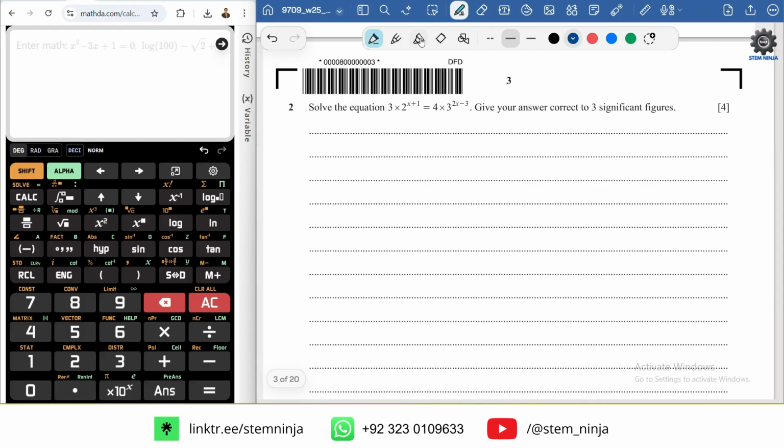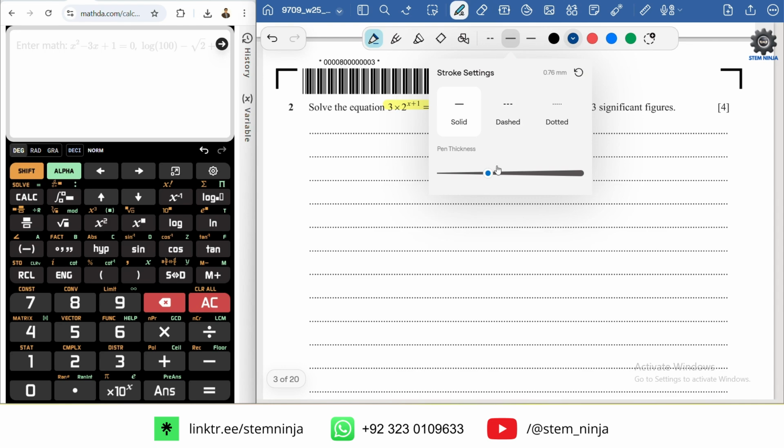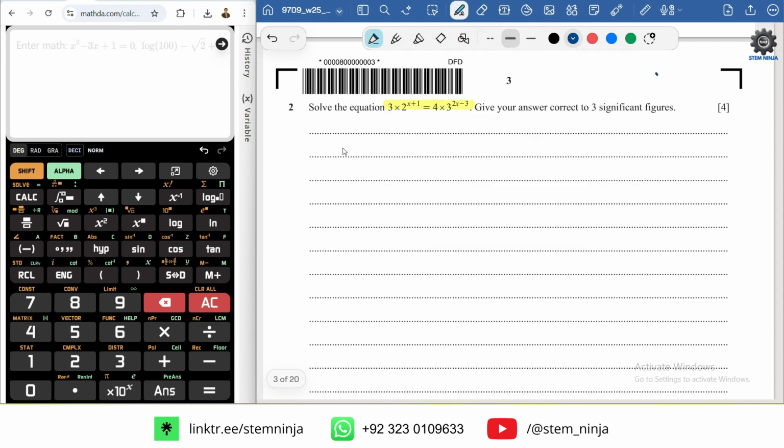Question number 2. Solve the equation 3 to the power 2x plus 1 equals 4 to the power 3 times 2x minus 3. There are multiple ways to solve this one, not just one way. You can take ln on both sides, or you can simplify this first. Either way, that's your choice. So you have 2x plus 1 divided by 4 equals 2x minus 3 divided by 3.